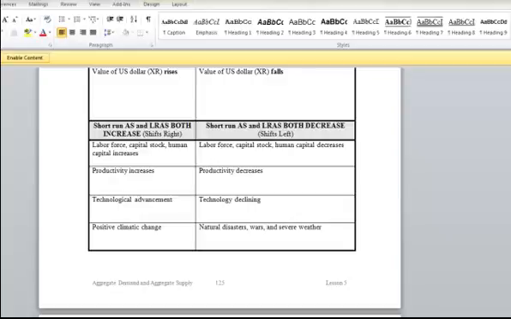Productivity lessens, technology declines, or we have some kind of a natural disaster like Mount St. Helens, Katrina. I remember quite a few years ago, we had terrible fires in Laguna Canyon, followed by subsequent flooding. Those things shift the production possibilities curve to the left.